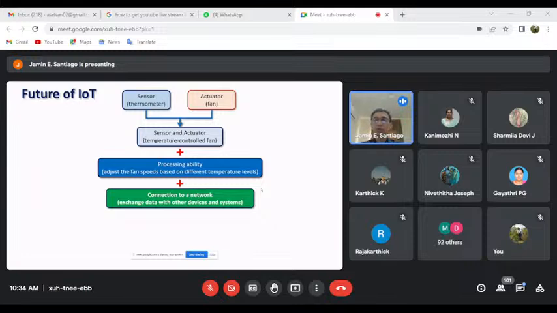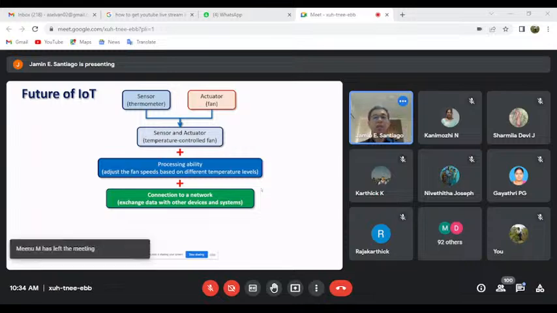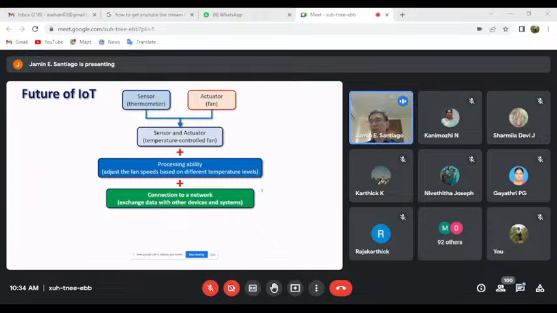It can also be connected to the network controlling the air conditioning system. So the air conditioning will maybe turn on for a few minutes. So the data from this device is now exchanged with another device. And we can see the data from our mobile phone, we can see the data from our computer or on any device anywhere in the world, anytime. So what we can see here is this is now an IoT device.